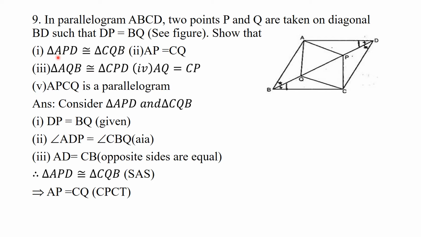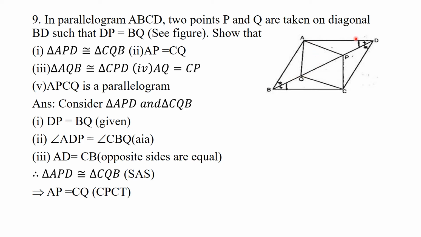Let us start the first one, that is, consider the triangle APD and CQB. We are given ABCD as a parallelogram and a diagonal BD where P and Q are points on the diagonal. In the triangle APD and triangle CQB, we can say DP is equal to BQ, which is already given in the condition.